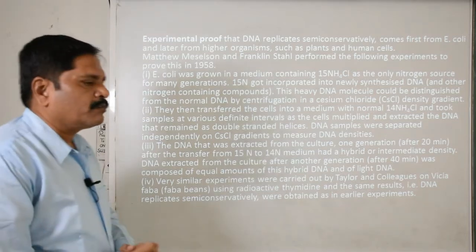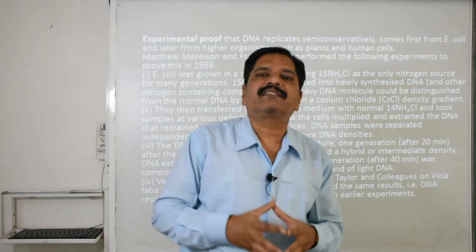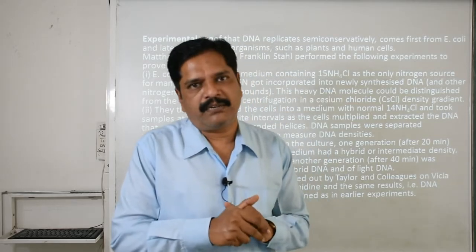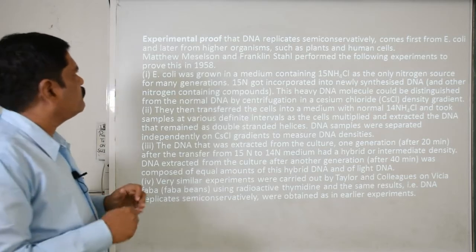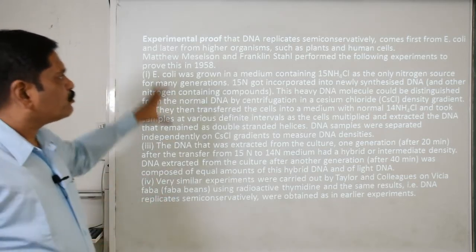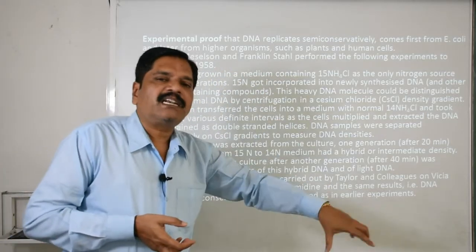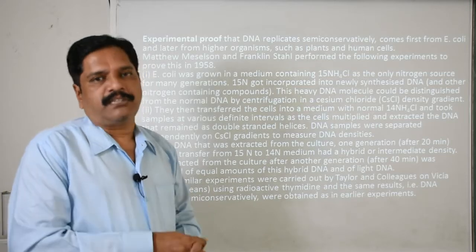Remember this one thing, but we know that we always need evidence in support of a statement. So here one experiment was given, by Matthew Meselson and Stahl, to prove that DNA replicates itself with the help of the semi-conservative method.